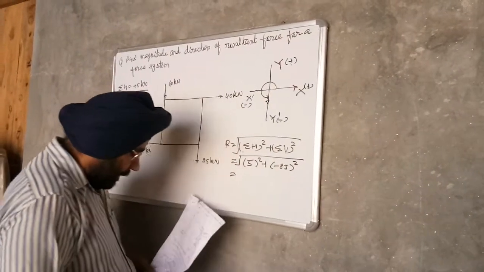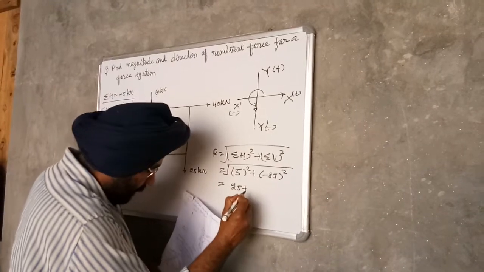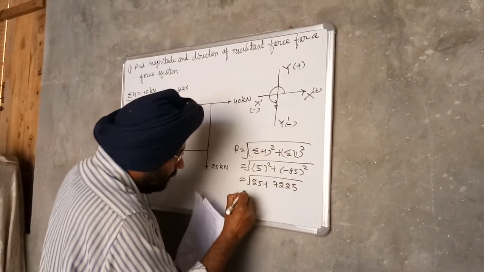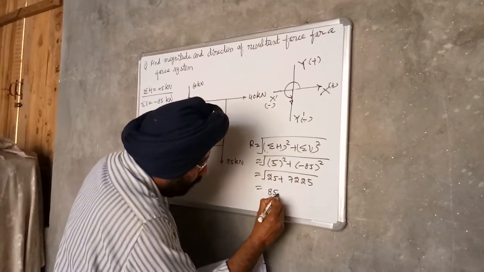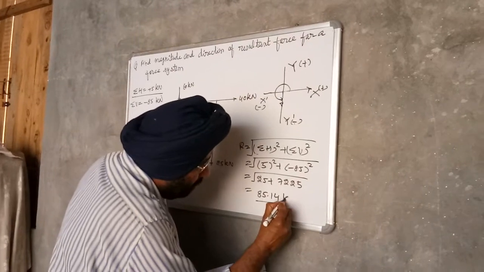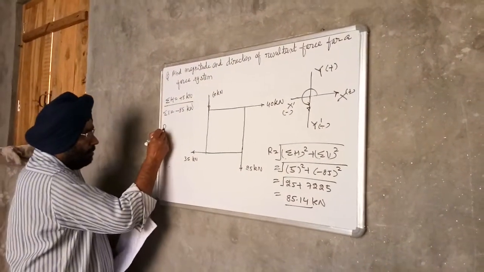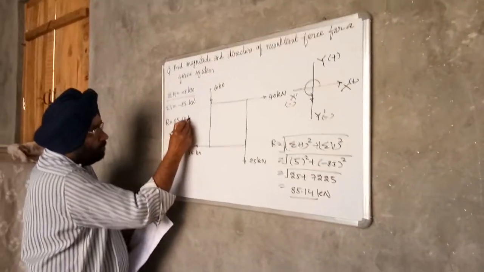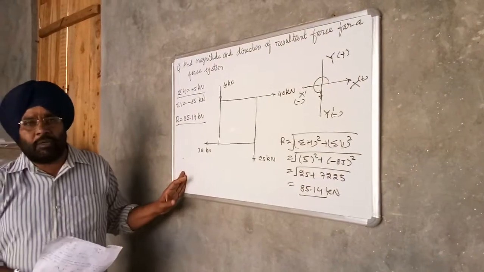So the value of the resultant force is the square root of 25 plus 7225. Then the magnitude of the resultant force is 85.14 kilonewton.